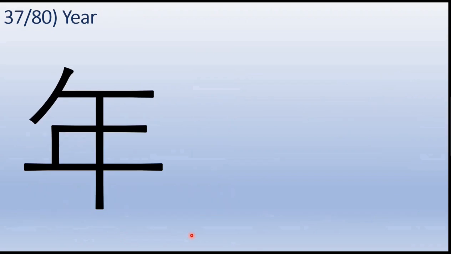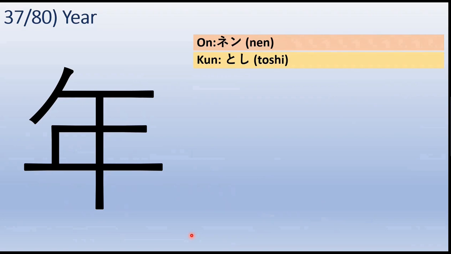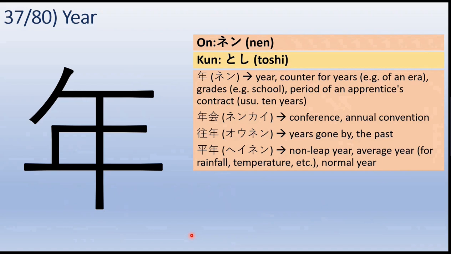Then the next kanji is for year. Nen in On'yomi and Toshi in Kun'yomi. The usage goes like this. Nen, which is year, can also be used as a counter for years, for example, of an era, grades of a school, or a period of an apprentice's contract, usually 10 years.